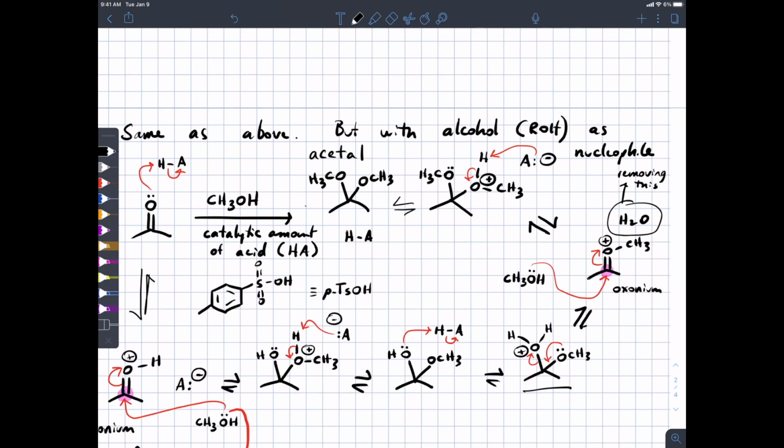There are a lot of ways you can remove water. One of the ways you'll use, I think, in 353, if you take that lab, is a salt that's hygroscopic. That means it likes to absorb water, and that will pull it out of the equilibrium, and that's going to allow the forward reaction to dominate. All right.